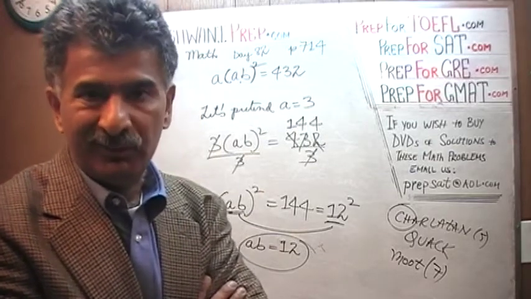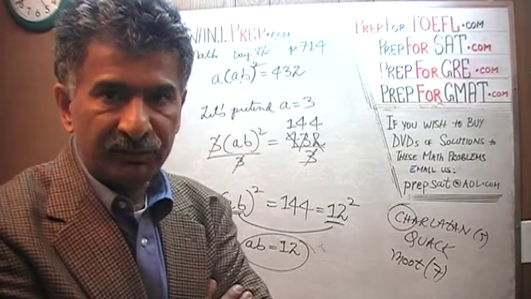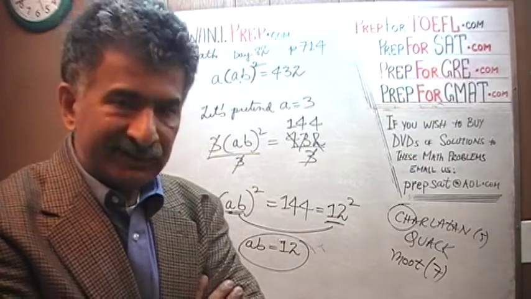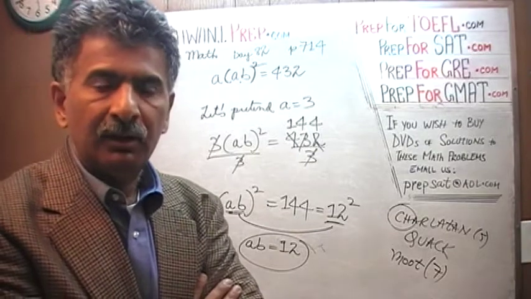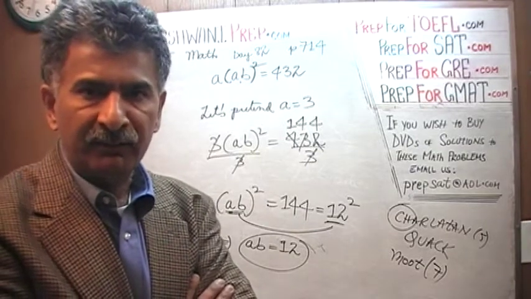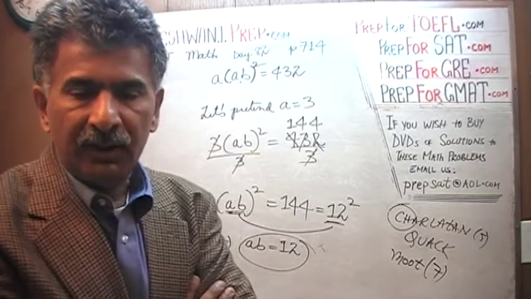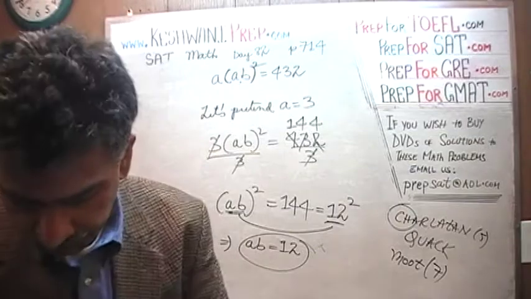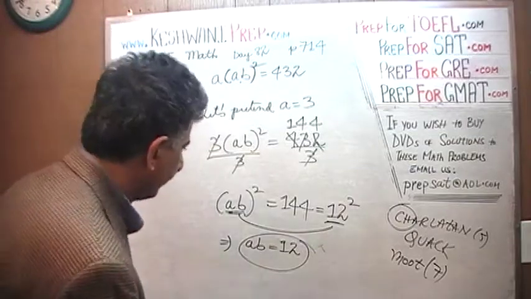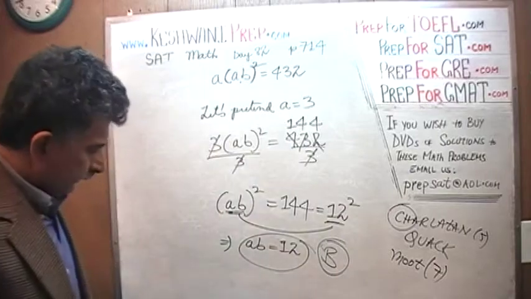If they ask us what's the value of B, all we can say is that B is either 3 or 4. We cannot tell which one is 3 and which one is 4, but that's not what they're asking here. They're asking us what's the value of A times B. Then in that case, it doesn't matter whether it is 3 times 4 or 4 times 3. The answer is 12. And the answer is B. That's it, we are done.